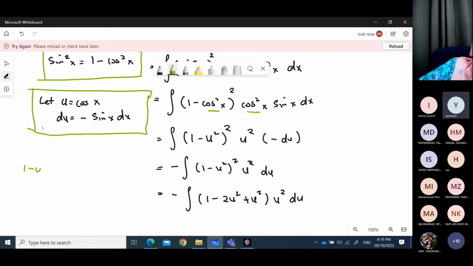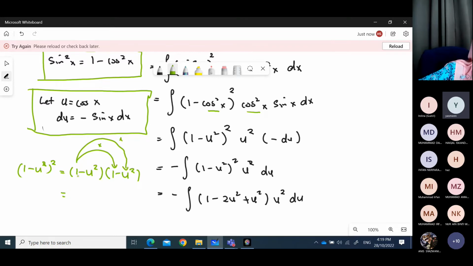So yang ini, mana yang tak ingat macam mana kita nak kembangkan dia? Okay, so 1 minus u squared, the whole thing to the power of 2. It is actually equivalent with 1 minus u squared times, darabkan sekali lagi dengan 1 minus u squared. Okay, and then you kembangkan, yang ini you darabkan dengan ni. You darab, so this one pun you darabkan dengan ni.